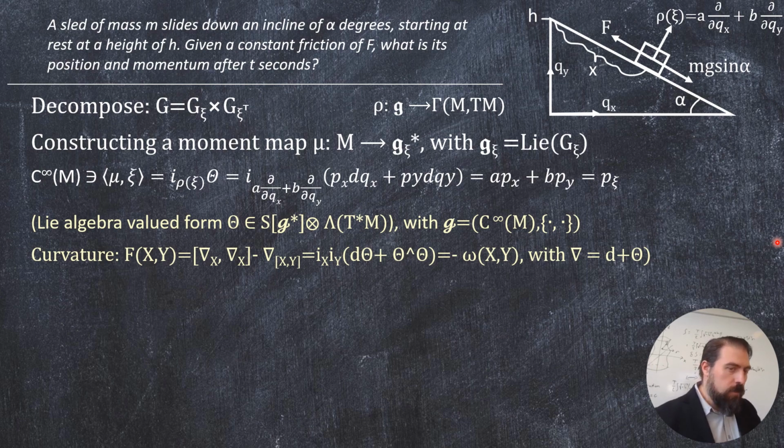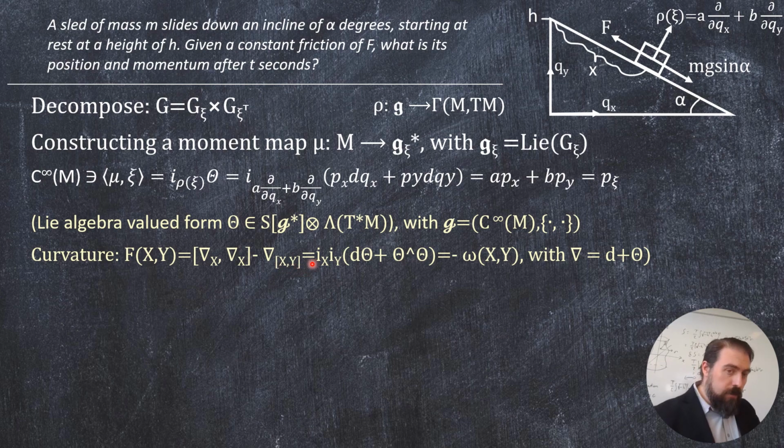And that would then, of course, have a curvature, F_xy, sectional curvature with respect to the vector fields x and y. And that means the commutator of the connection along x, this should say commutator along y. Don't know why I wrote x there. Obviously, that's not right. Minus the connection along the Lie brackets of the two vector fields.